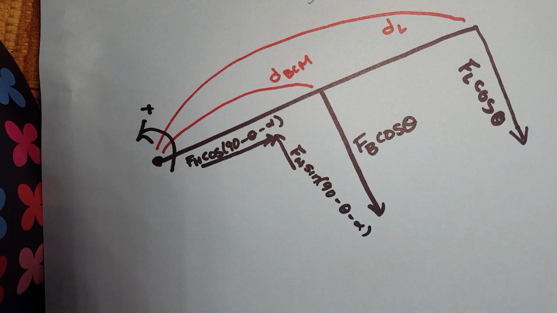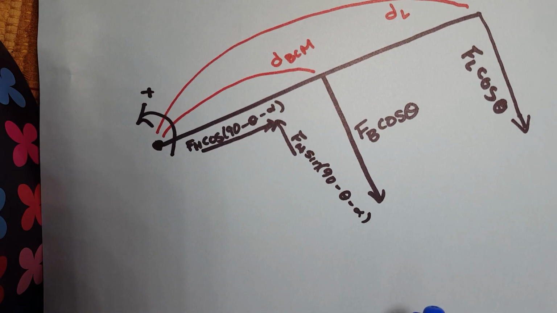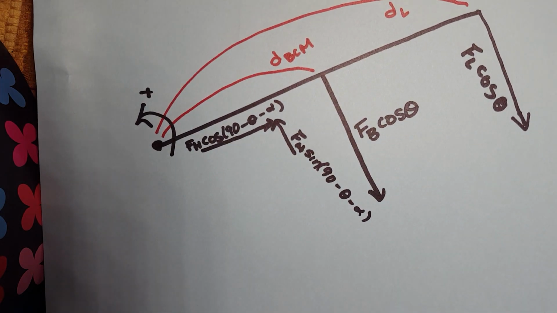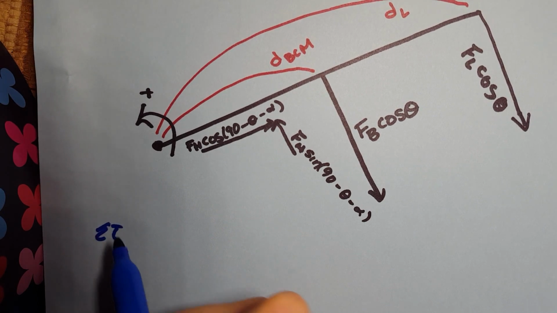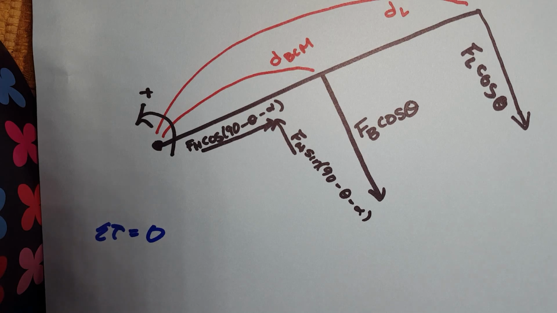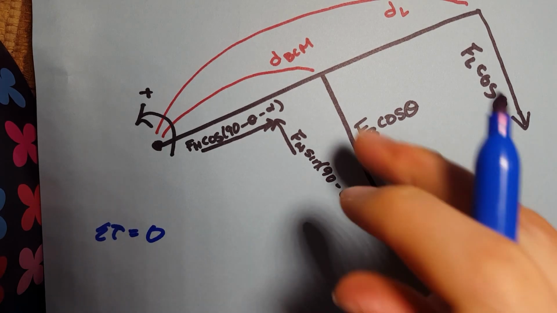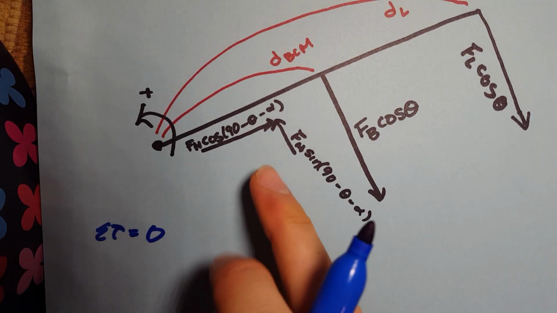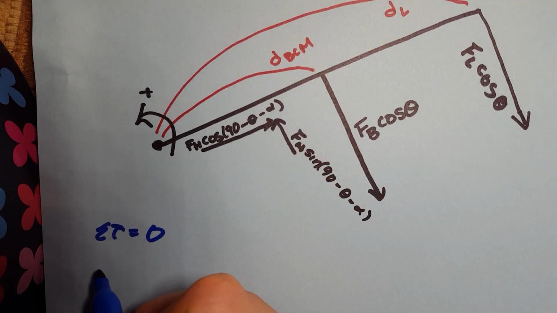So let's start summing our torques here. We're going to set our sum equal to 0. Well, okay, so the first two that we're going to do are going to be negative.